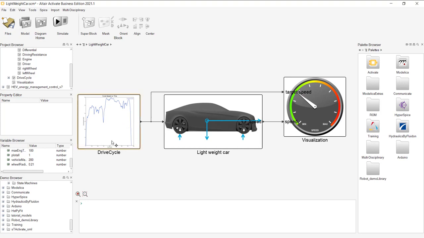This is a speed versus time drive cycle that's going to command this vehicle to move while the vehicle experiences the dynamics that we saw in the slides before, the forces against it due to friction, braking, and drag force. And then we're going to measure the energy consumption for this vehicle to follow this drive cycle while under the influence of these external forces.